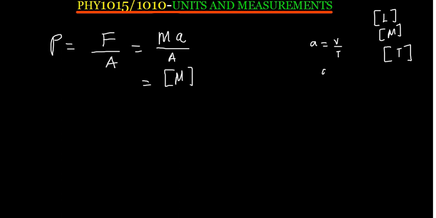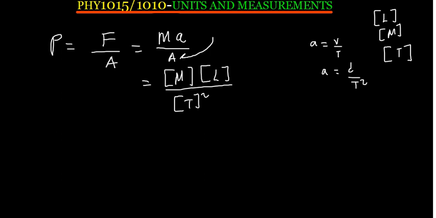Remember also velocity is distance over time. So acceleration is distance over time squared. So the dimensions for acceleration is what? Distance. Now the dimension for distance is L. And then we have got time squared down, so put time down, and it's supposed to be squared.